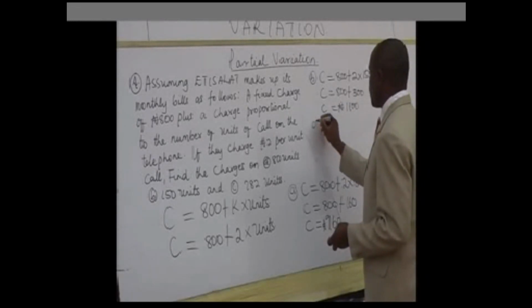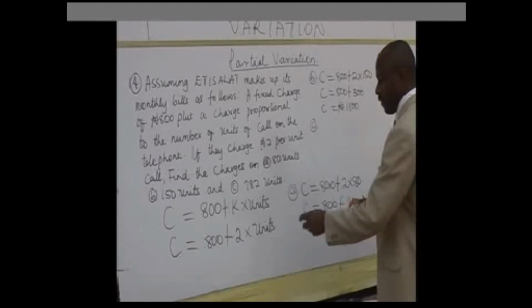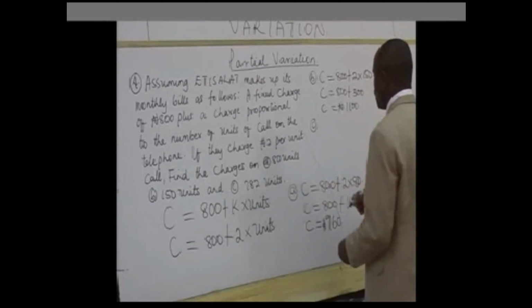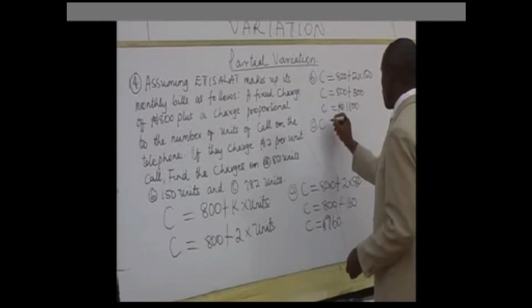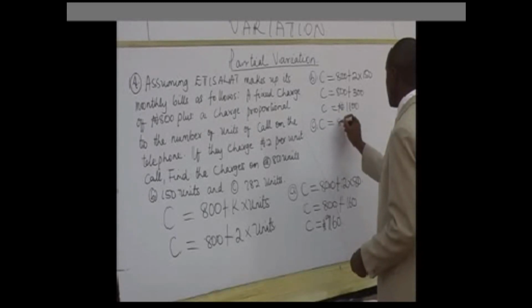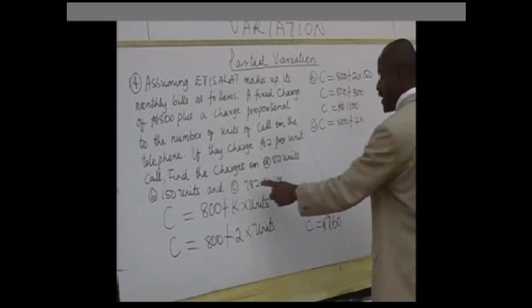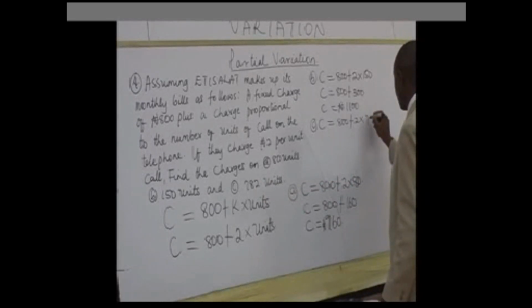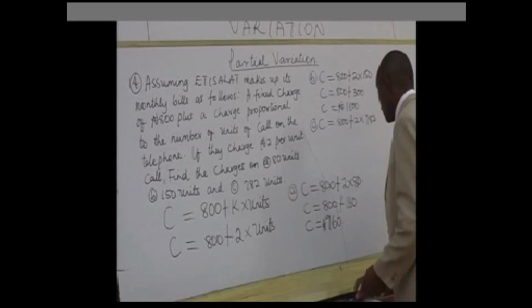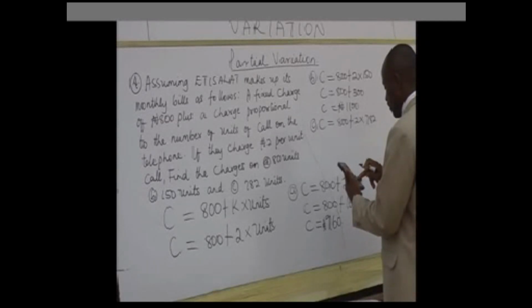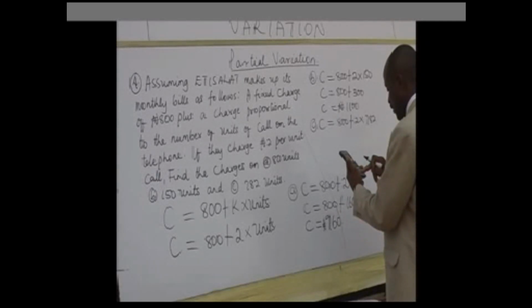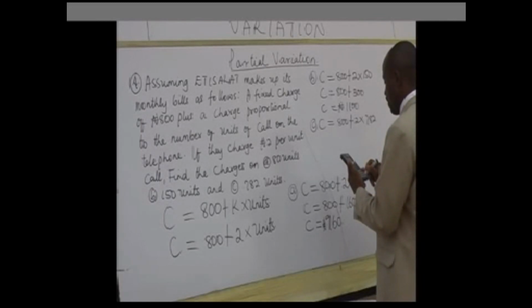And the last question, question number C, where we have 782 units. From the same equation, C is equal to 800 plus 2 times whatever the unit is, 782. Use the calculator to find the value of 2 times 782. 2 times 782 is 1,564.